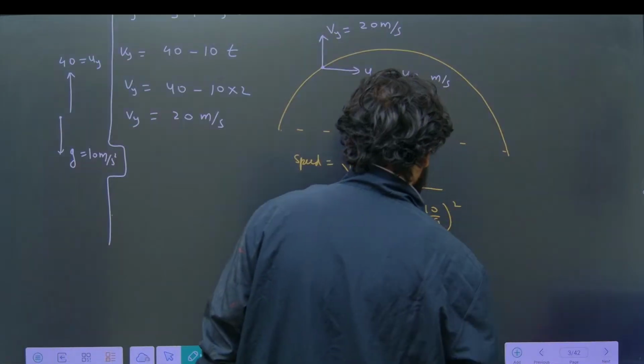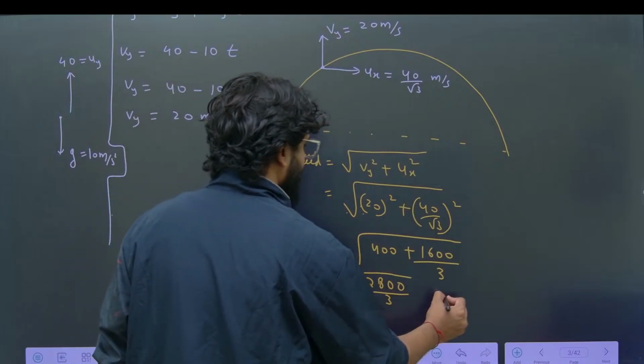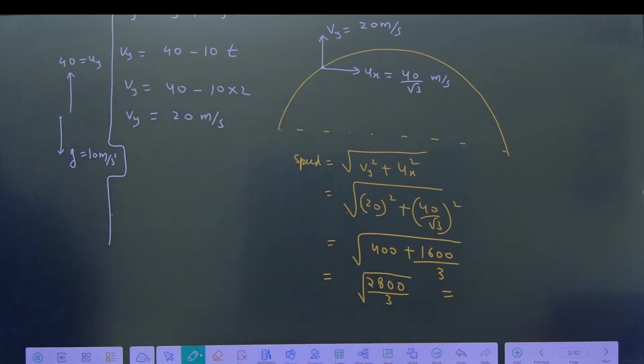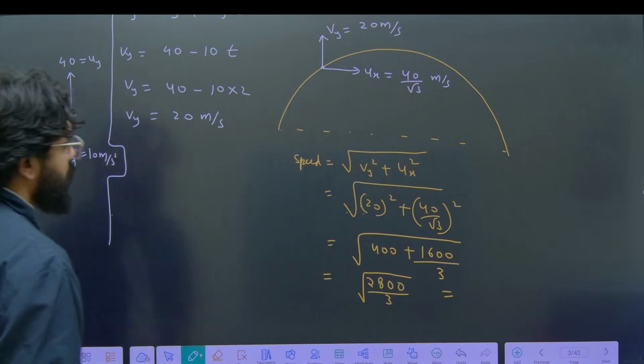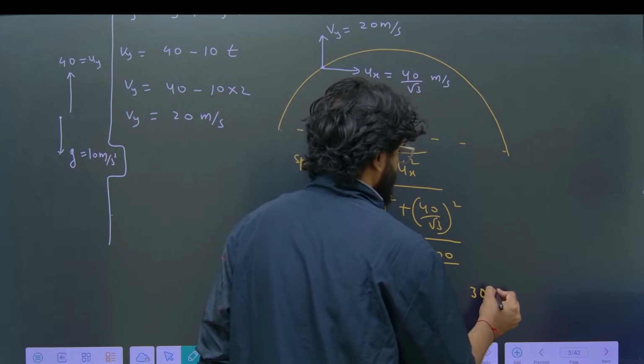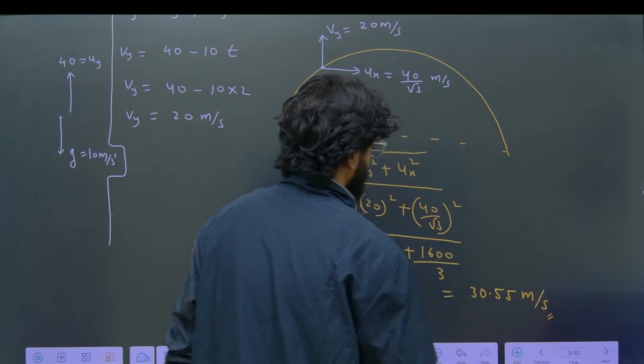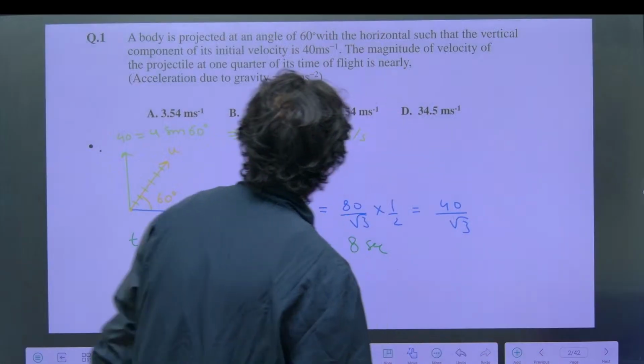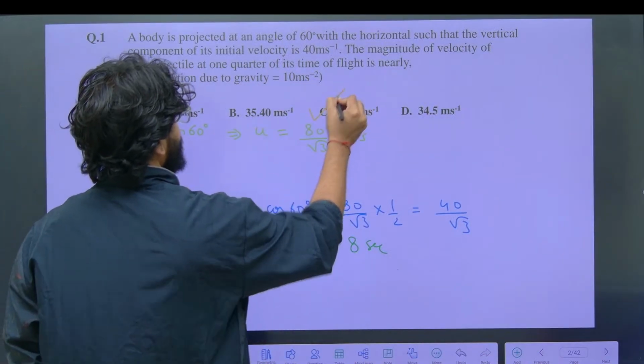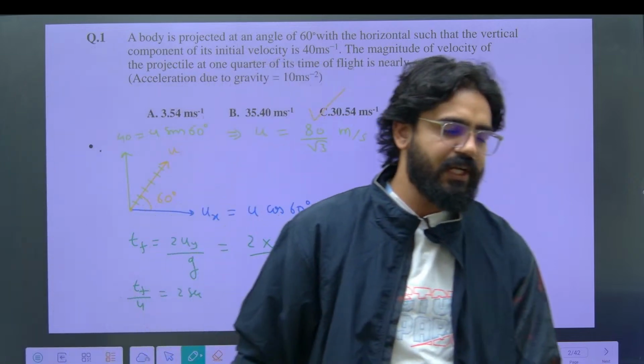The options are very close to each other, so if we calculate it, to save time, it turns out to be very close to 30 meter per second. So the correct answer over here is option C. Right answer over here is C.